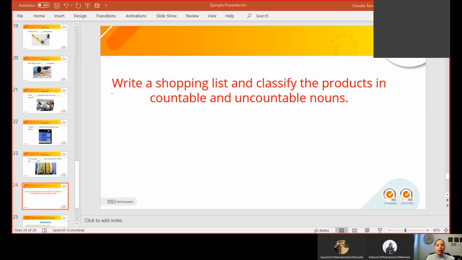To make them countable, we can use quantifiers, like a cup of coffee, a cup of milk or tea. And when we are offering, we use some: would you like some coffee? Would you like some apples?